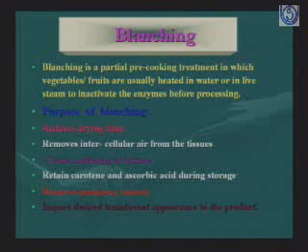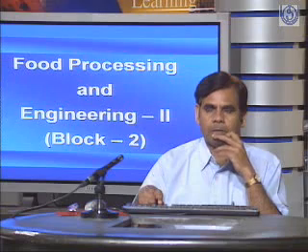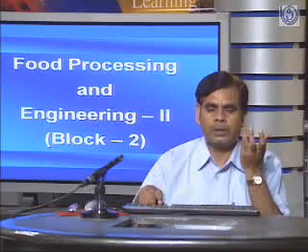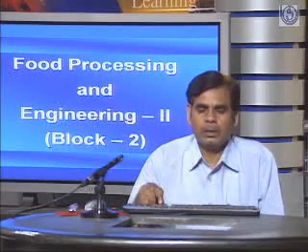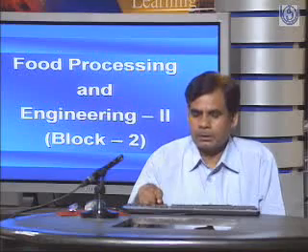The purpose of blanching is to reduce the drying time, remove the intercellular gases of the tissues, retain some carotene and ascorbic acid, and remove some pungency. Sometimes people don't want pungent flavors, in case of onions, so that can be reduced, and it improves the dried product's appearance and the succulent structure.